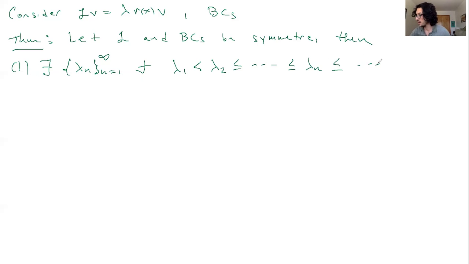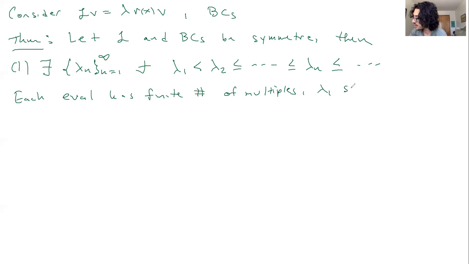And then I have a bunch of eigenvalues bigger than that. Each eigenvalue has a finite number of multiplicities, but it could have more than one. Lambda 1 is simple. Lambda n goes to infinity as n goes to infinity. Good to know.